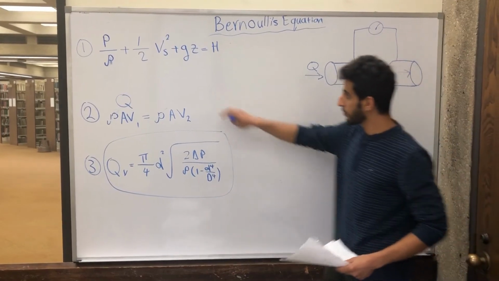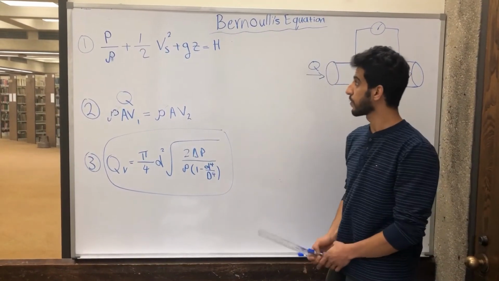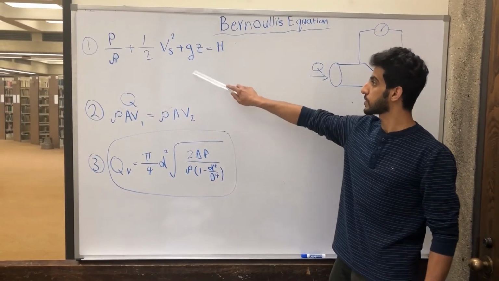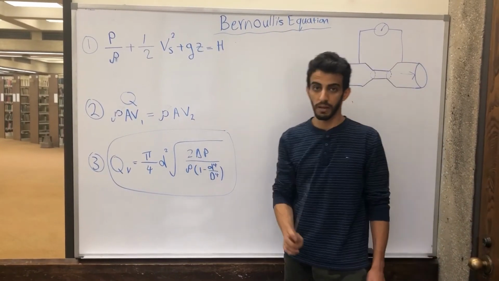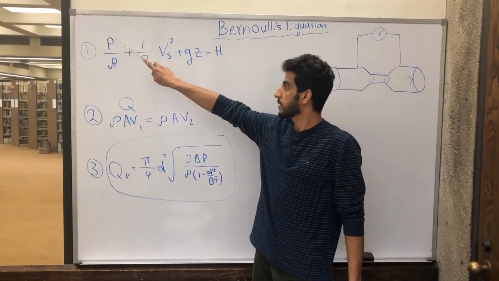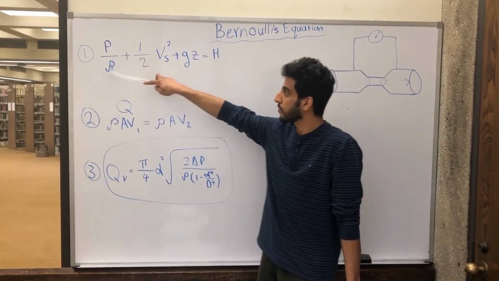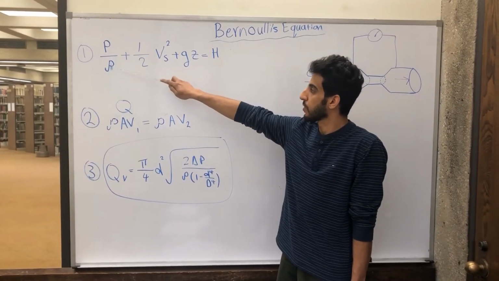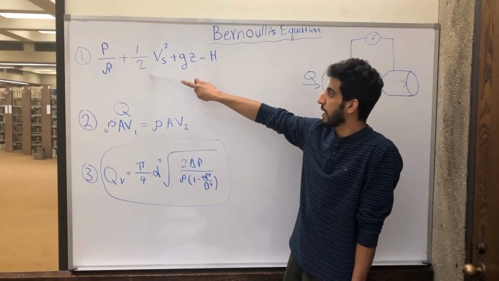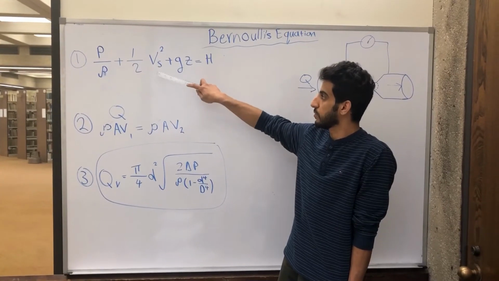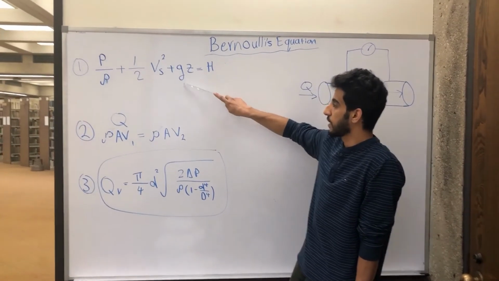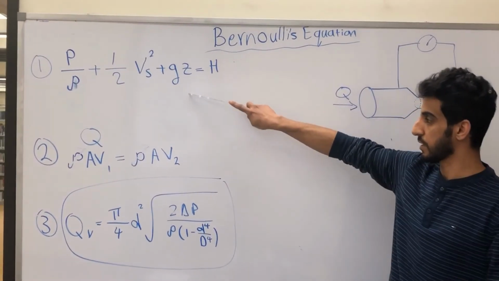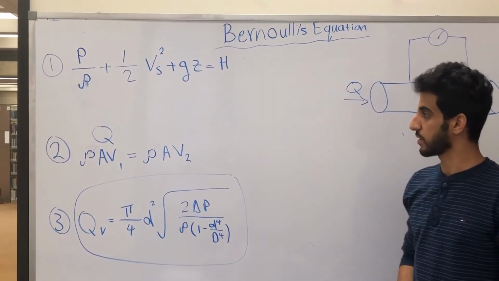So I have right here the formula for Bernoulli's equation in heads, but it's applying for one point. I have here pressure over density, which is the potential energy. Here I have half of velocity squared, which is the kinetic energy, and here I have gravity multiplied, which is the static energy, equal to a constant.